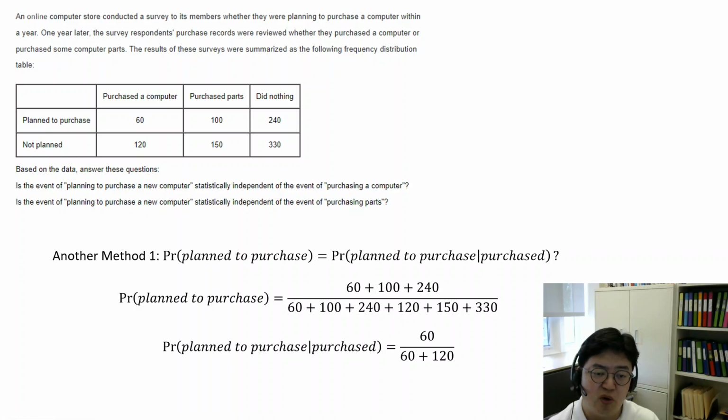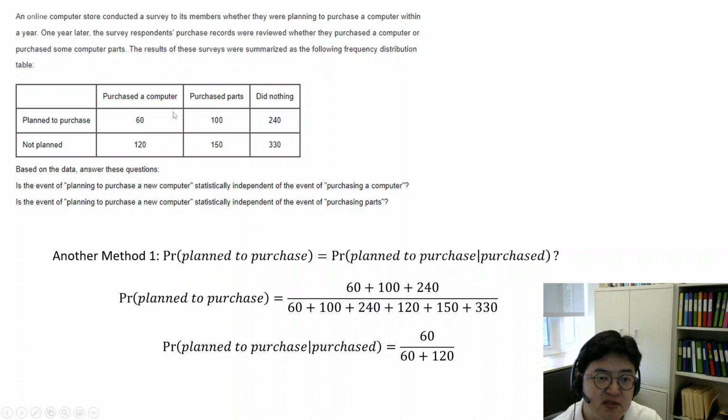But compare this with a conditional probability of planning to purchase a computer among those who actually purchased the computer. So among the actual buyers, how many planned to buy a computer? So now we restrict our sample to those who purchased a computer.